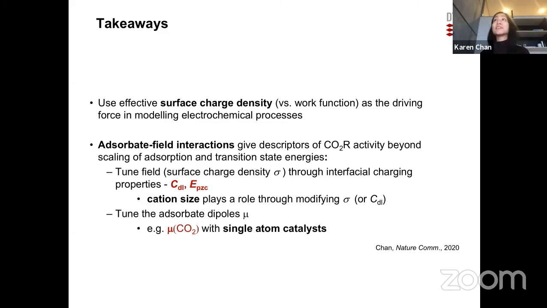And so these charging properties are double layer capacitance, PZC, dipoles, and I will suggest that the cation size effect is actually tuning the double layer capacitance, and that we can furthermore tune the adsorbate dipole with single atom catalysts, which tend to localize charge a little differently from purely metallic catalysts.